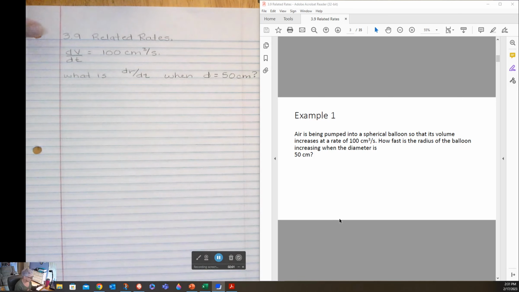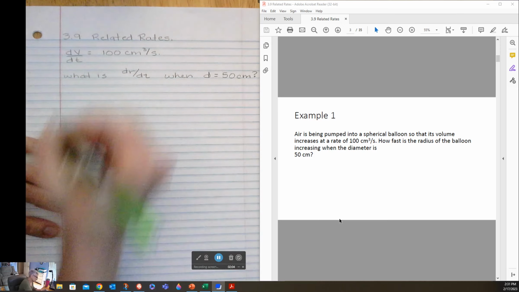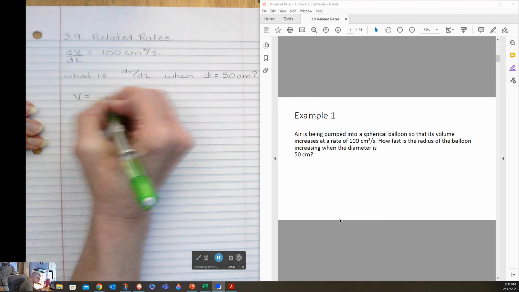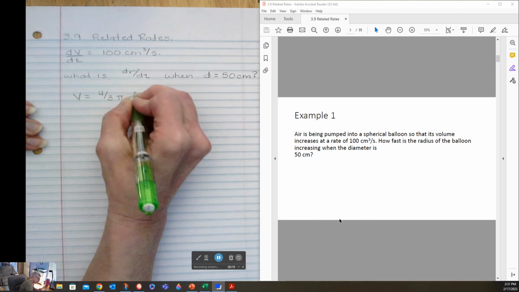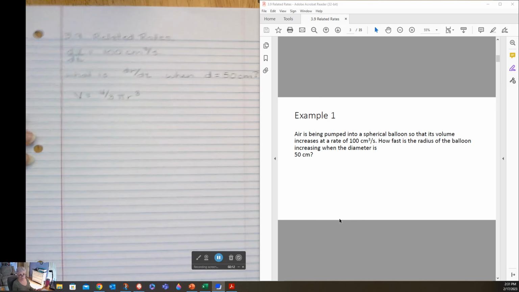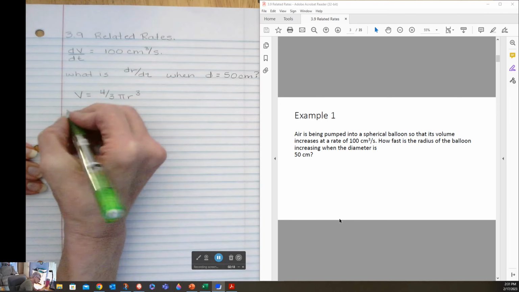So, I happen to know the volume of a sphere. The volume of a sphere is equal to 4/3 pi r cubed. So I can differentiate that using the chain rule, implicit differentiation.